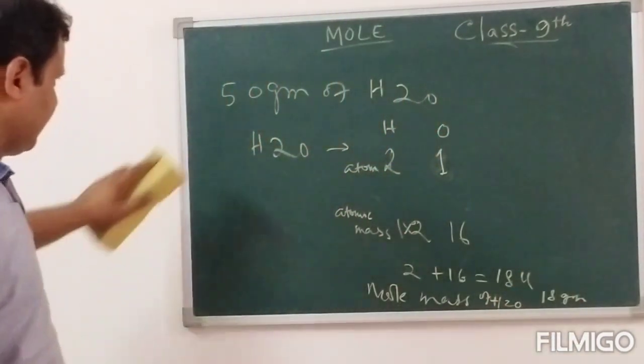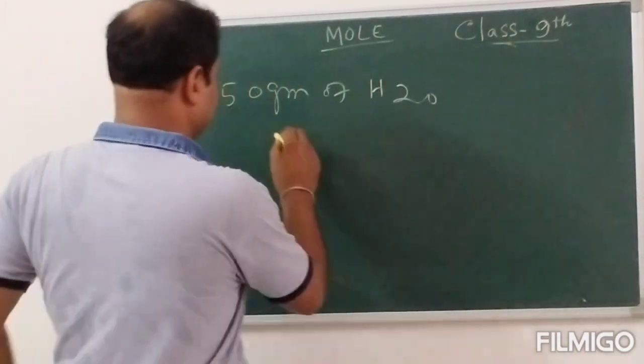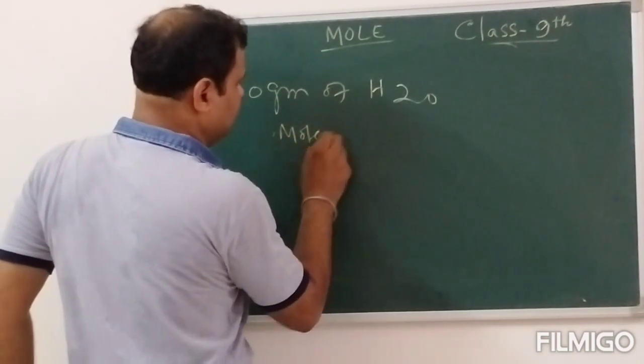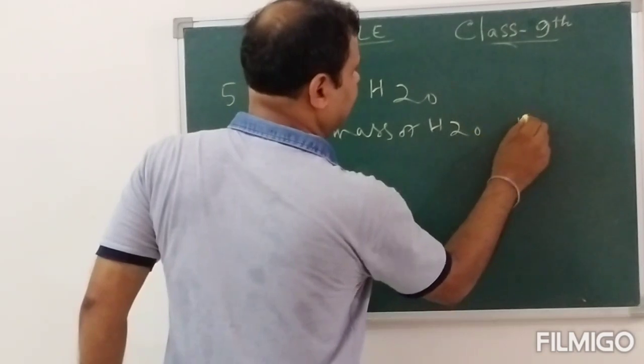So what do we get from here? The mole mass of H2O is 18 gram.